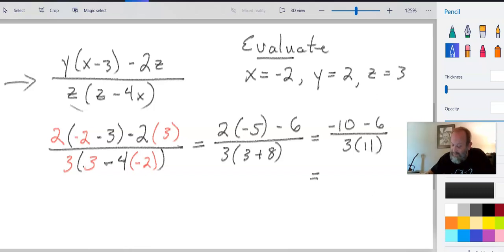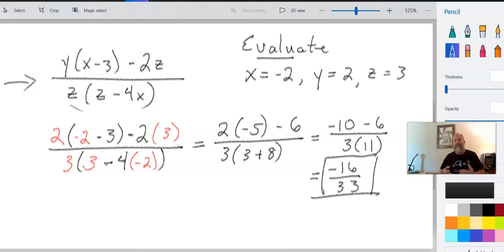Negative 10 minus 6 is negative 16. And 3 times 11 is 33. And these two numbers don't have any common factors. You can go ahead and search for them if you want, but you're not going to find anything other than 1 that goes into both the numerator and denominator. And so you're done right here.